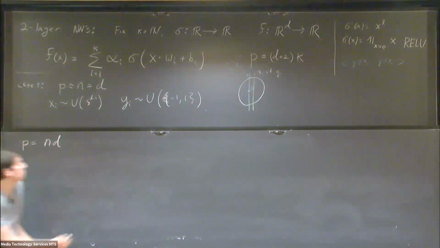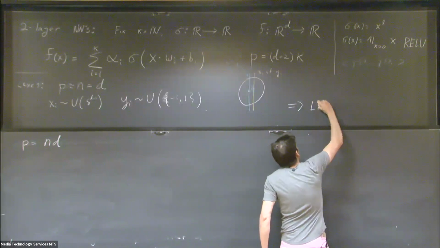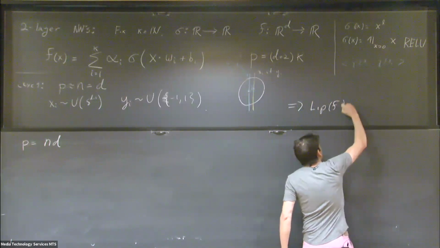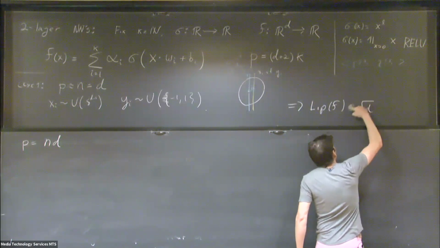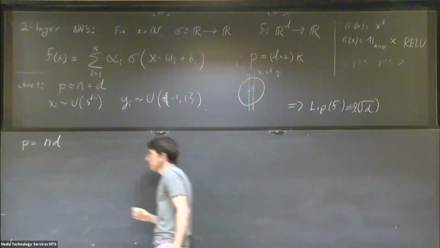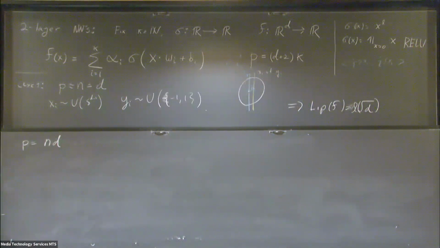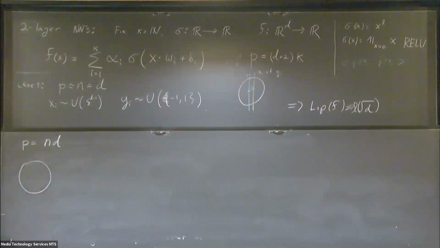Here the Lipschitz constant is omega of root d. Any ideas how? I'm still looking at uniformly distributed points on the sphere.